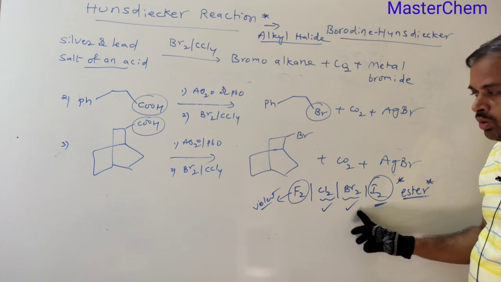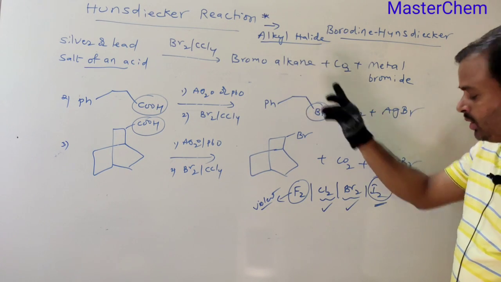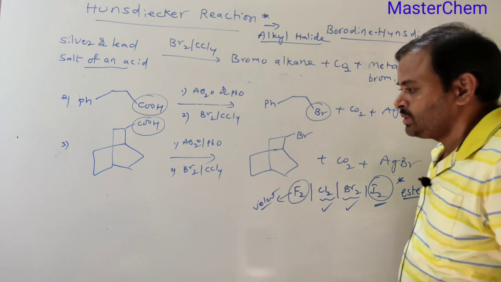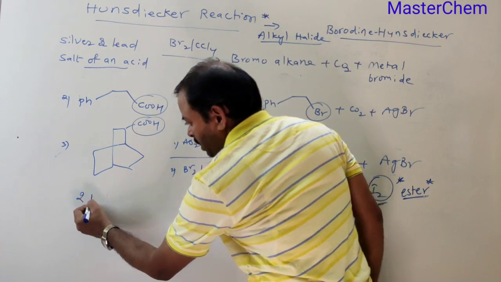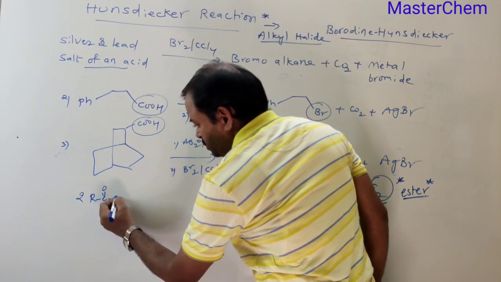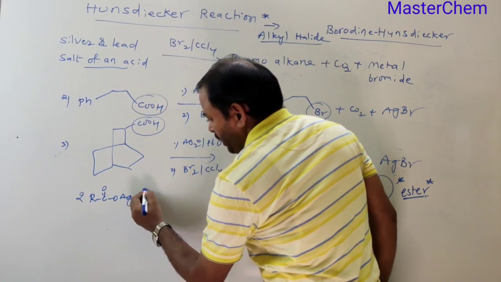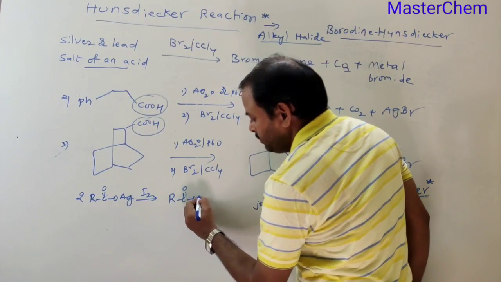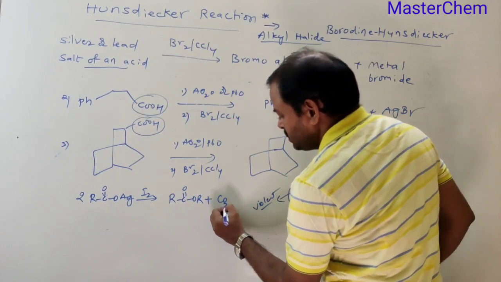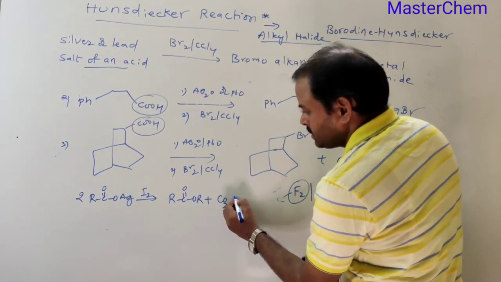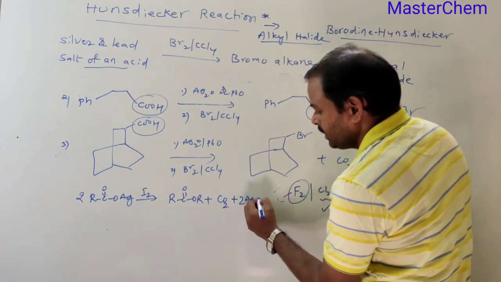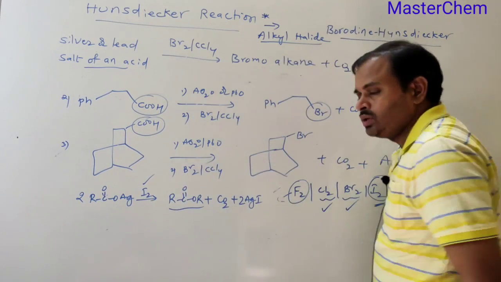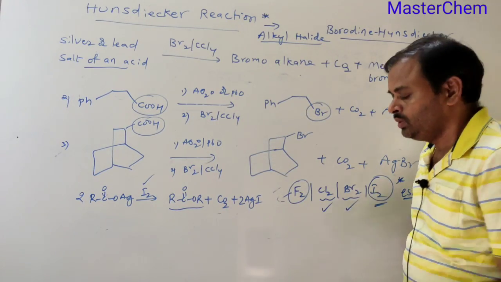How is it? For example, RCOOAg with I2 gives RCOOR plus CO2 plus 2AgI. Okay, with iodine, RCOOR will be formed.